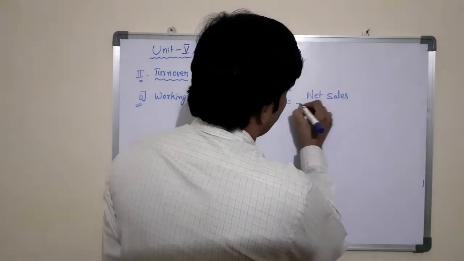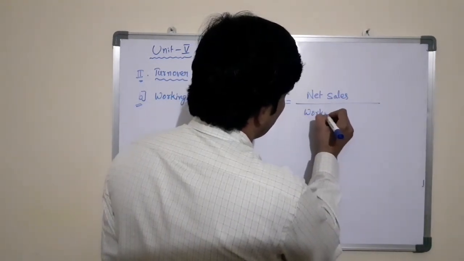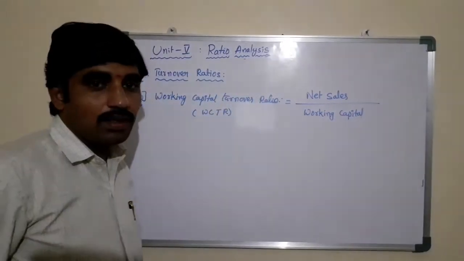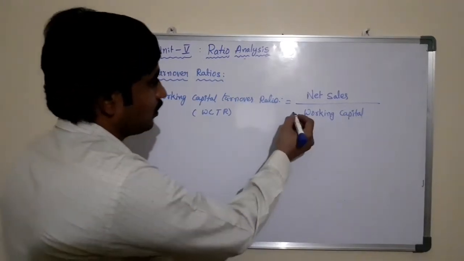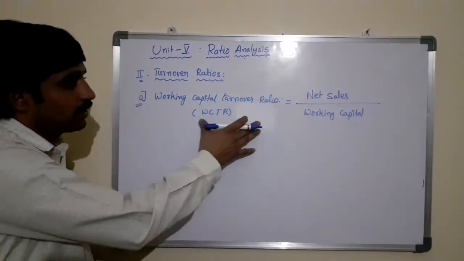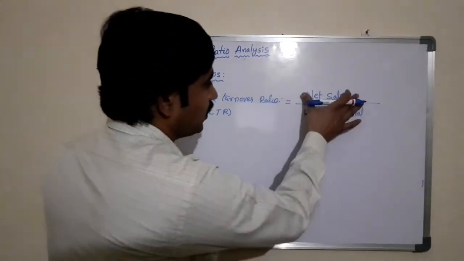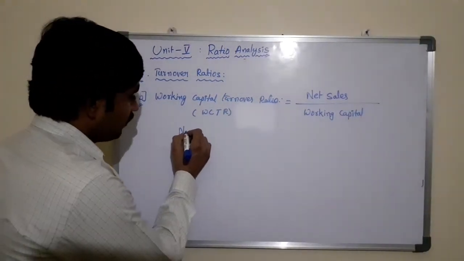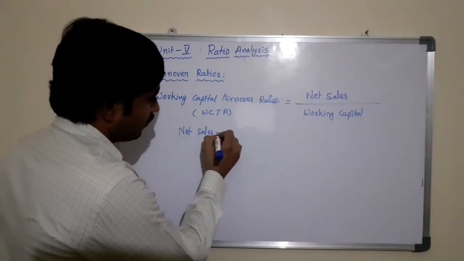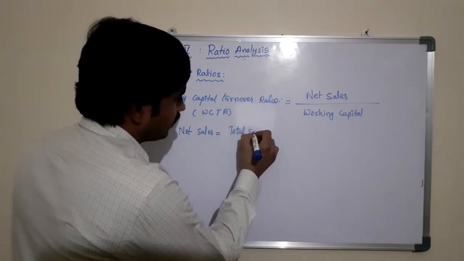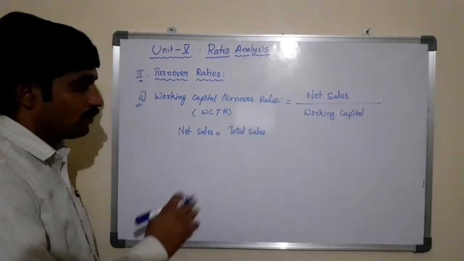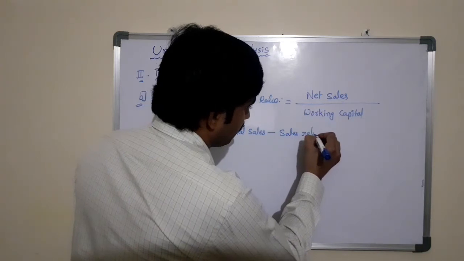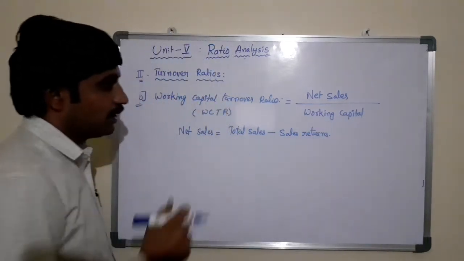Based on this formula, we can define the working capital turnover as the ratio of net sales to working capital, where net sales equal total sales conducted in the business, as it is past data, minus sales returns. We need to take the net sales of the business.